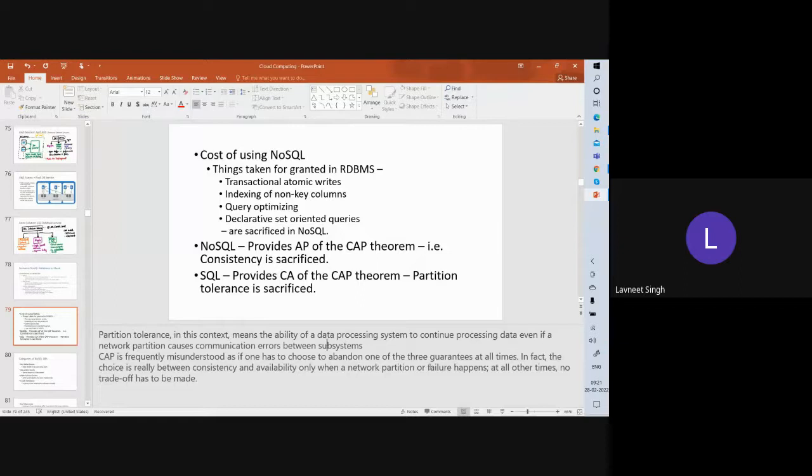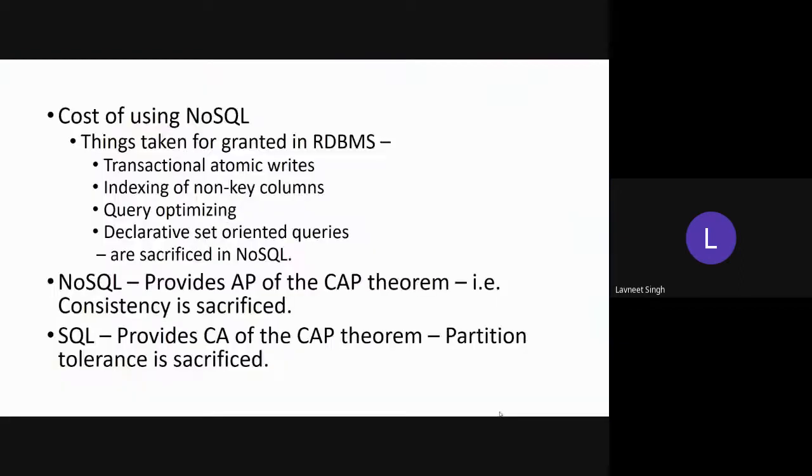Availability, okay. So CAP theorem says consistency, availability, and partition tolerance. There are three of these properties. Any database cannot provide all three at the same time. You have to sacrifice one to get the other two.